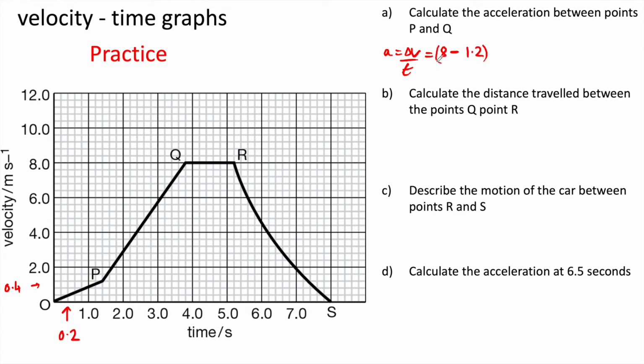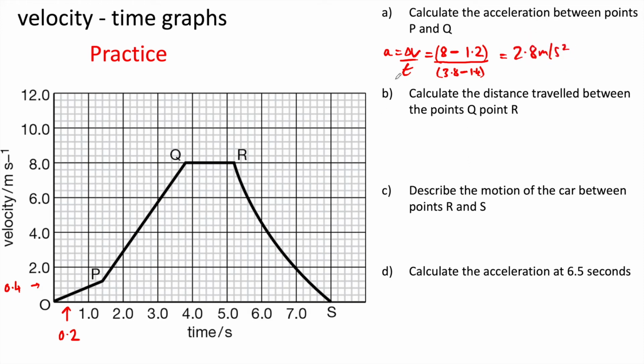Divided by the change in time, the time taken, well, the final time was 3.8, minus the time you started, which was 1.24. And that gives you 2.8 meters per second squared.